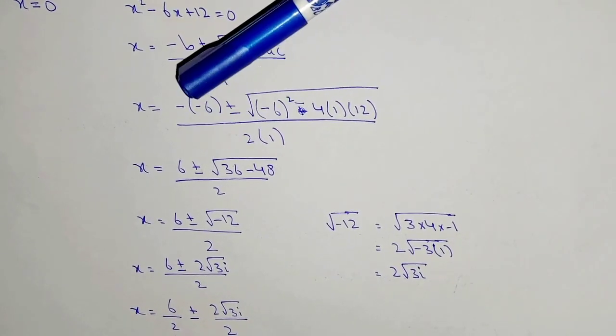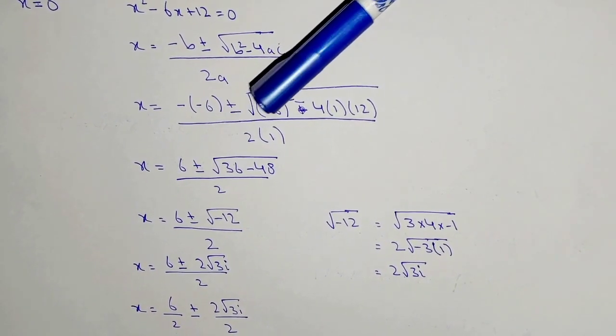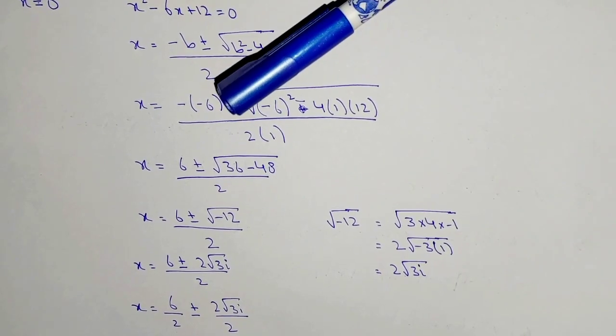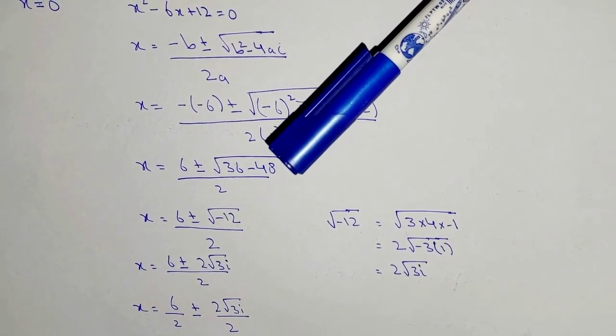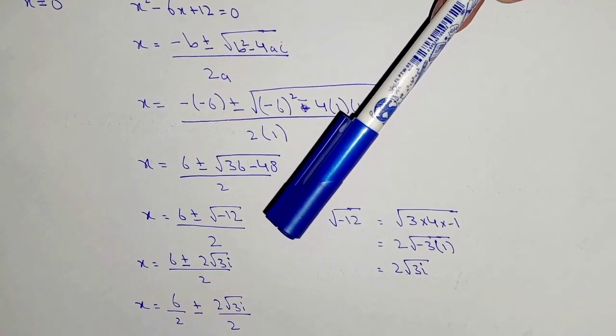So x = minus minus, that is plus, so 6 ± √(36 - 48) divided by 2. So 6 ± √(-12) divided by 2.